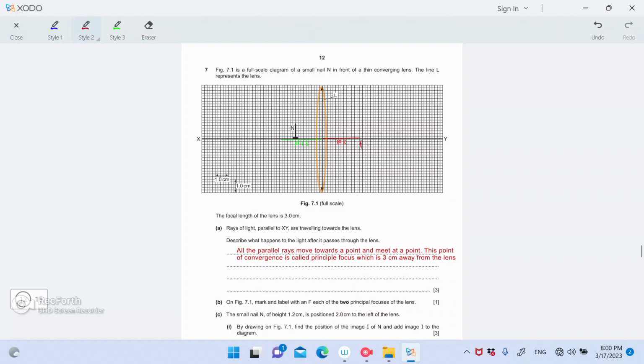Okay, this is 3 centimeter from both the sides. So the F1 is here.